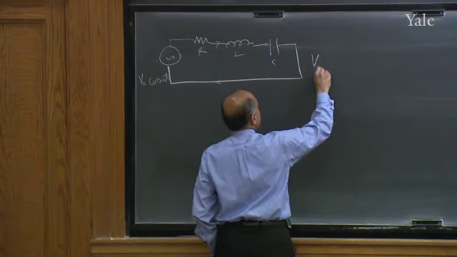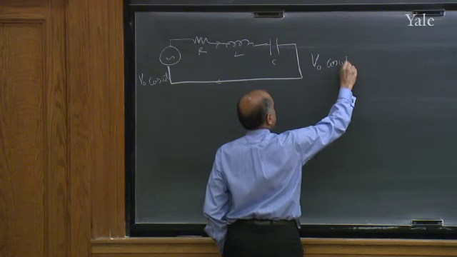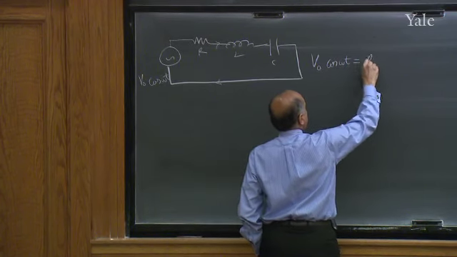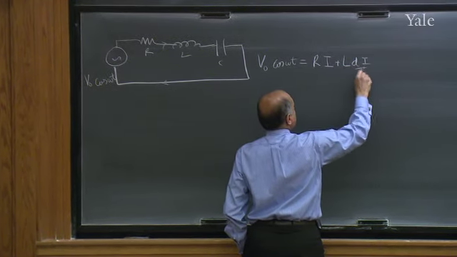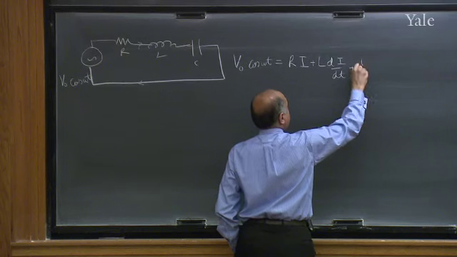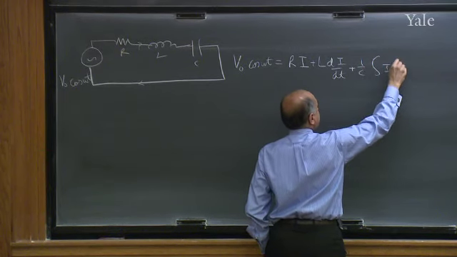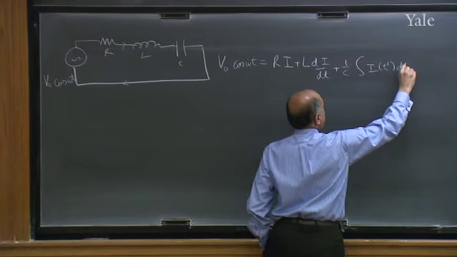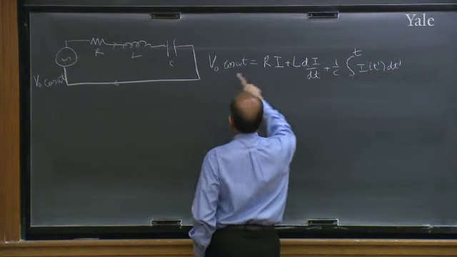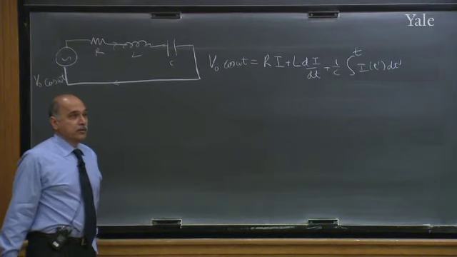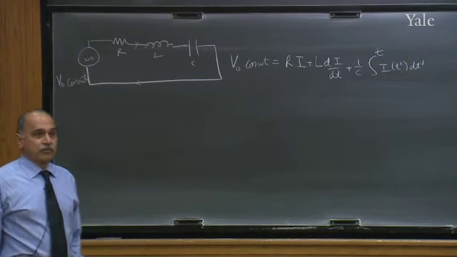Then you will find V0 cosine omega t is equal to R times I plus L times dI/dt plus the integral of I up to time t times 1 over C. That's the voltage. Everybody with me on that part?